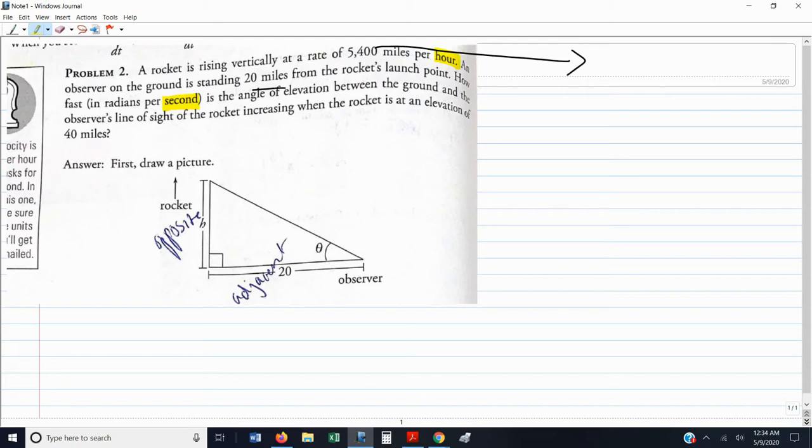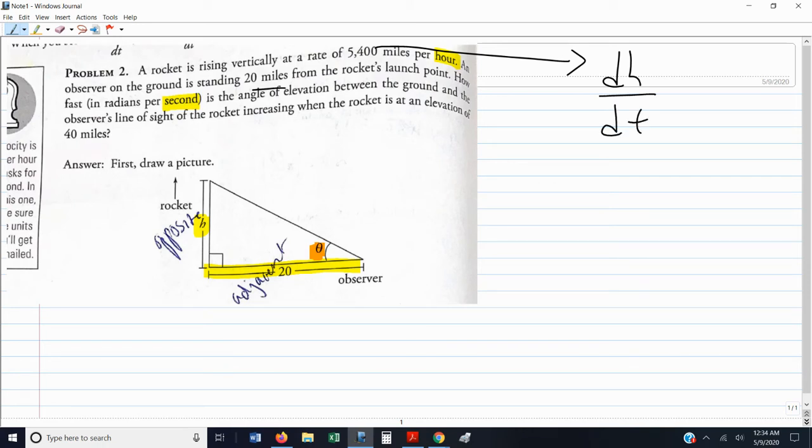So the picture, and I love your labels that you wrote in: the rocket's going up and you see the height here, and then the observer is standing 20 miles away, and that's the angle that they're talking about, the angle of elevation. So in terms of rising vertically 5,400 miles per hour, that's actually the rate of change of the height.